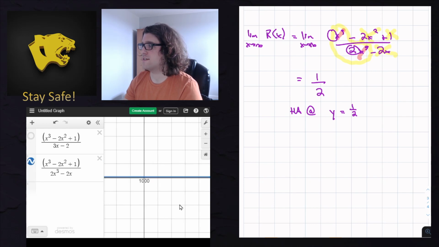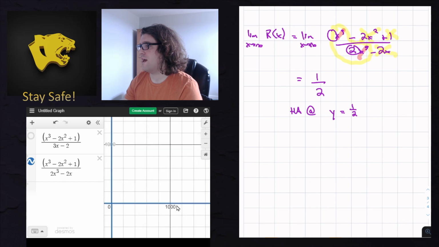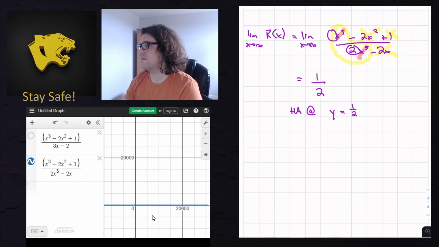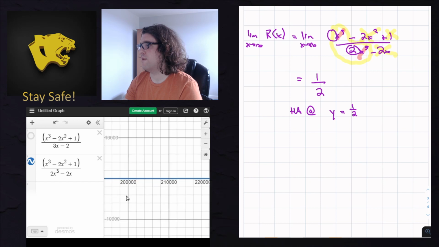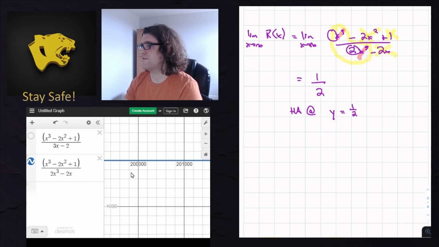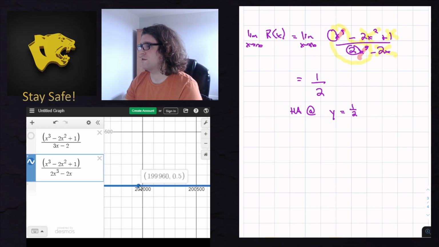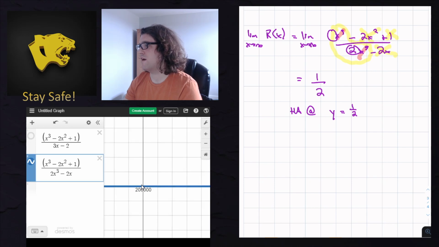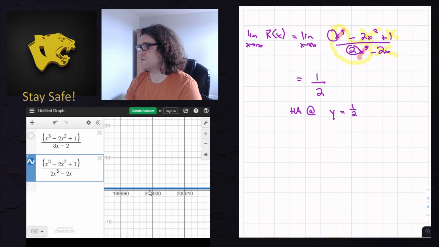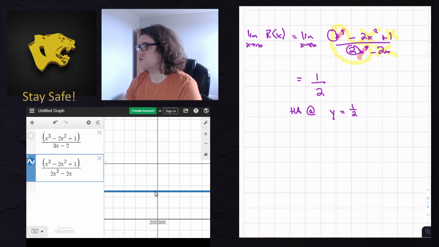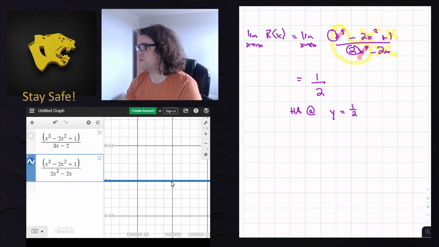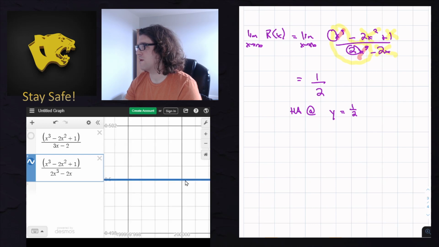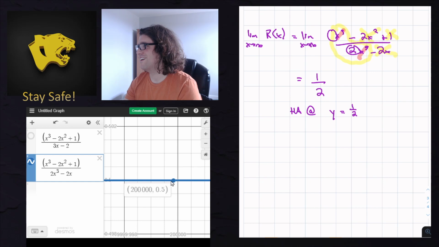So I have not seen a place as of this point where the function actually looks like it is above 0.5. So if I come in here for a moment and just 0.5. Now, the thing is that Desmos, depending on your zoom, I guess you could say, is going to give you 0.5 as being what it rounds to. Now, it's going to think out there that it's actually equal to 0.5.